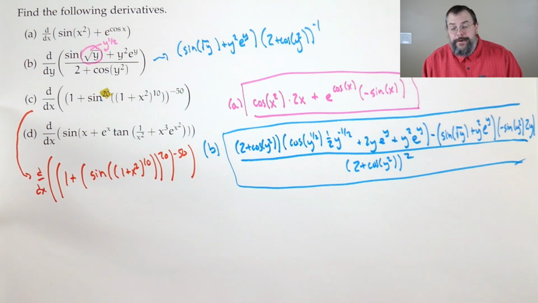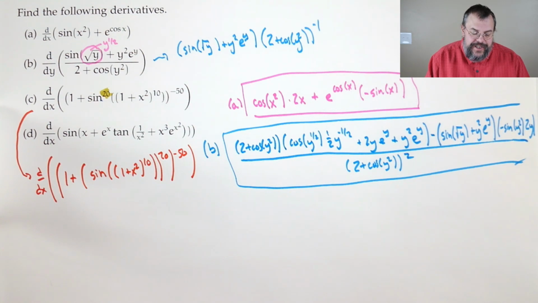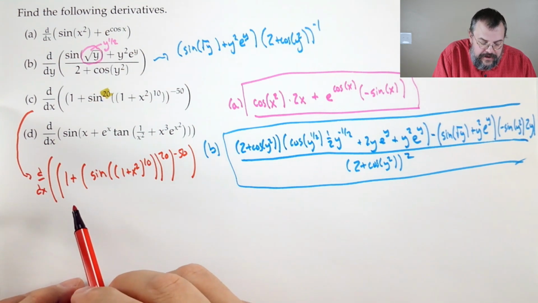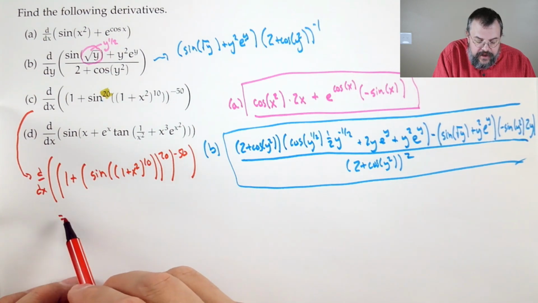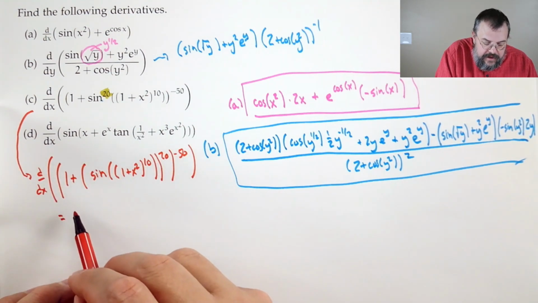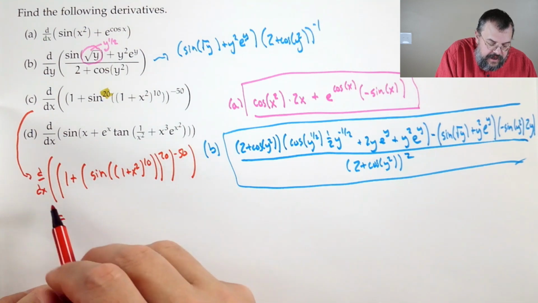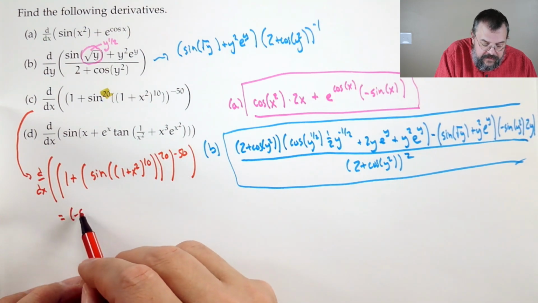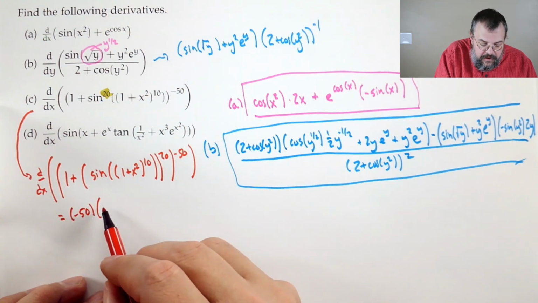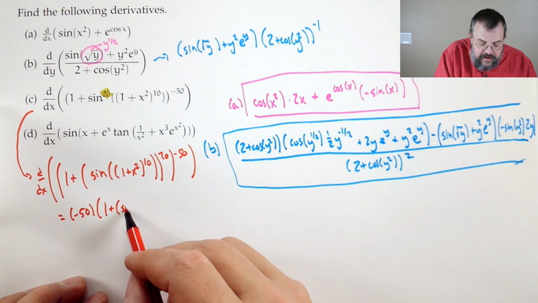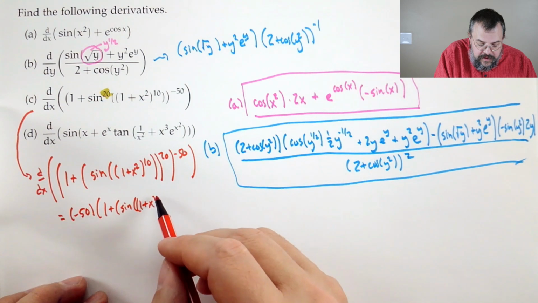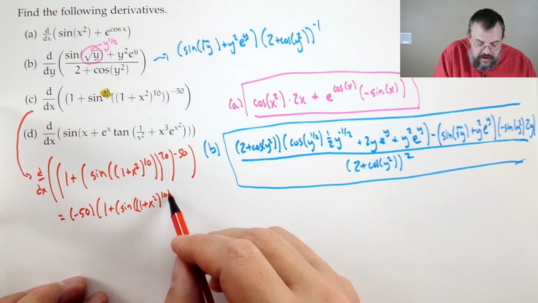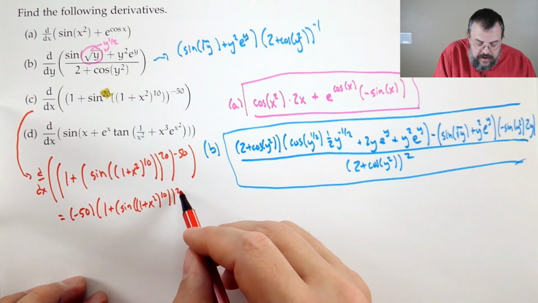So, are you ready? If we follow the general power rule, here I have something to a power. The rule says bring the power down, so negative 50. Then the whole inside, 1 plus sine of 1 plus x squared to the 10th, and then to the 20th.